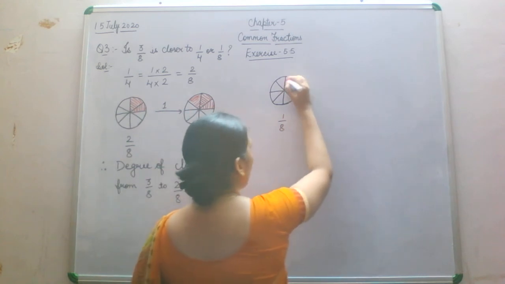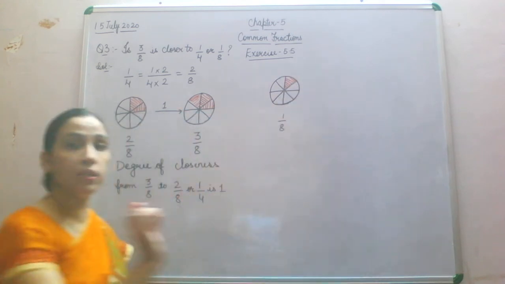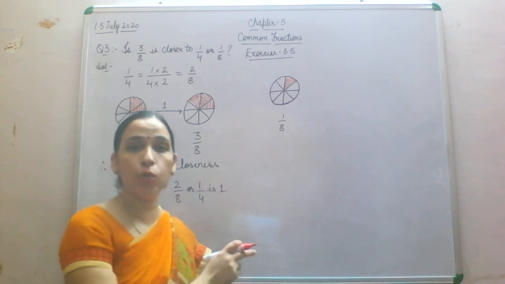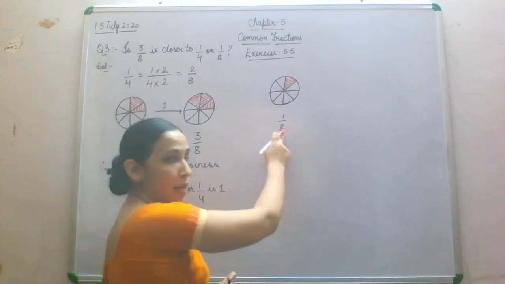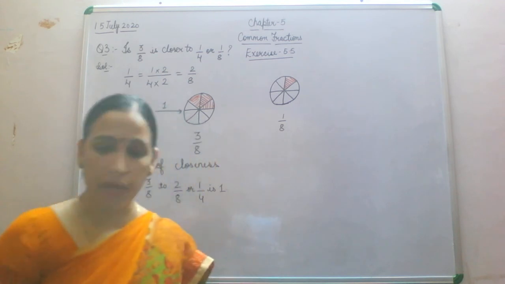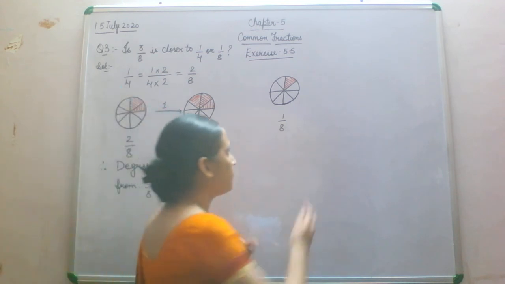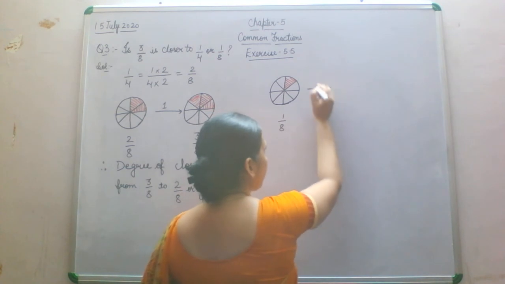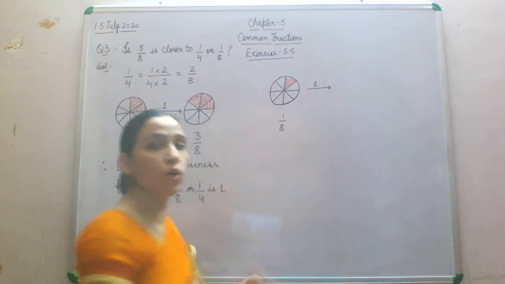Now we have not got 3 by 8. It means we are going to add 1 by 8 more to 1 by 8, so that will become 2 by 8. So let's add it. Here you have to write how many times you are adding 1 by 8.